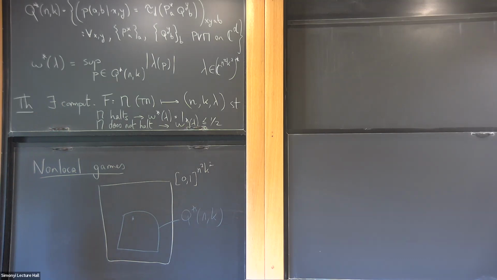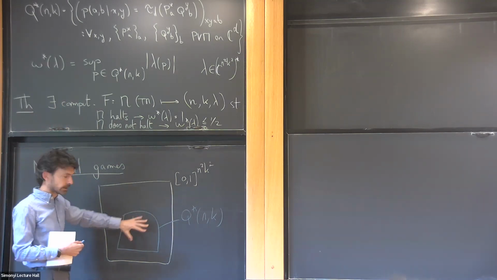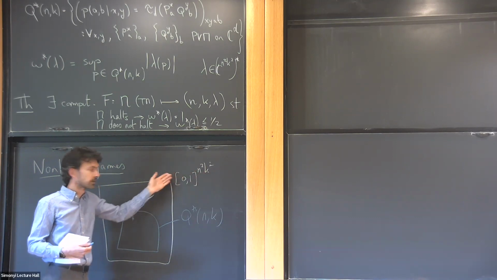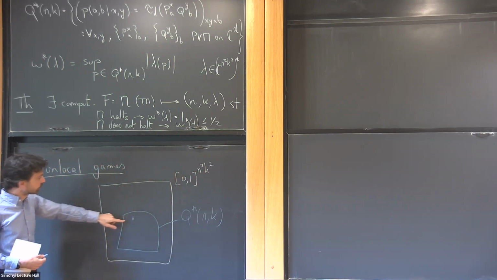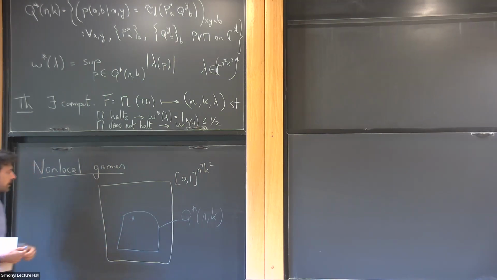Maybe one thing that's important to keep in mind is that this set is finite dimensional. It lives in a finite dimensional space, and with n and k equal to 5, this is low dimensional. But for each point in the set, the fact that it's a point in that set can be witnessed by something that's of arbitrarily high dimension.